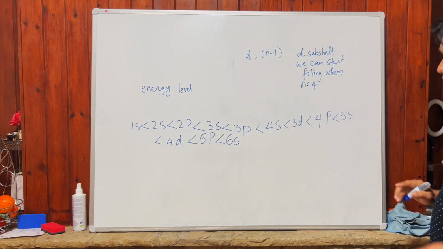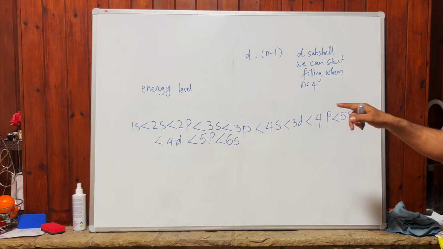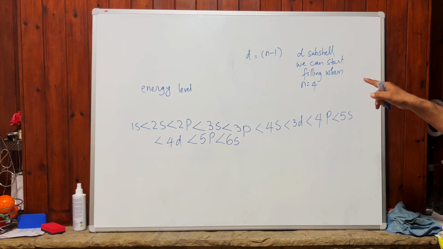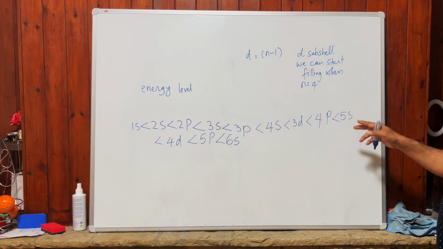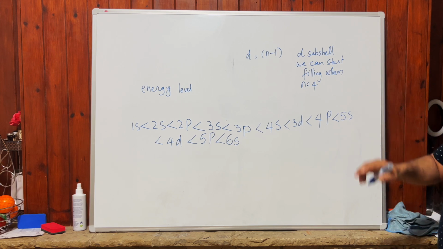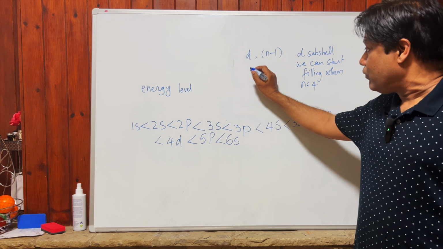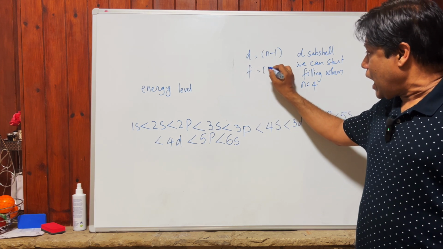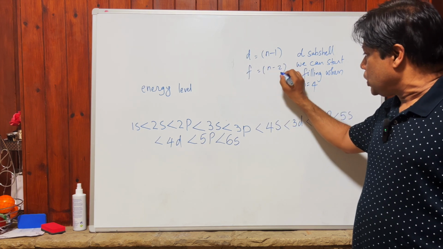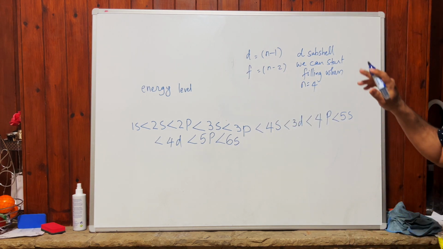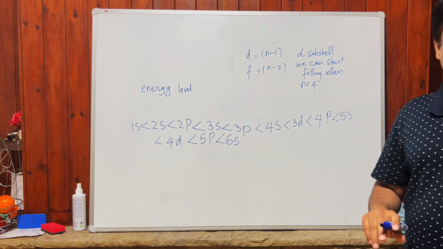There's a slight trick here. When we have the sixth shell, the f orbital has to start filling. The f orbital follows n minus 2. When my main energy level is 6, then f is 4.